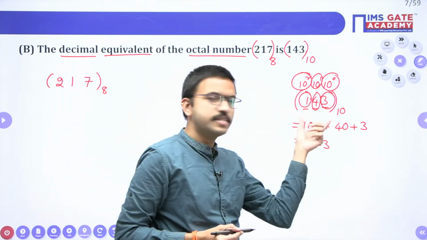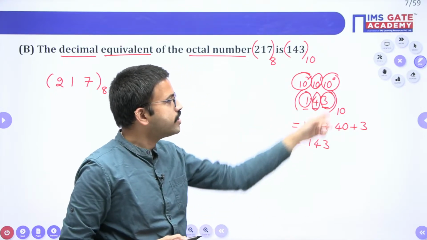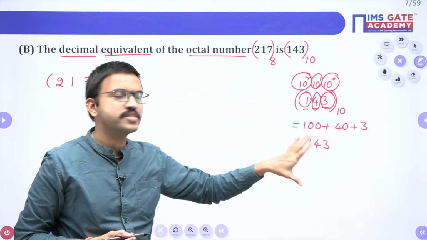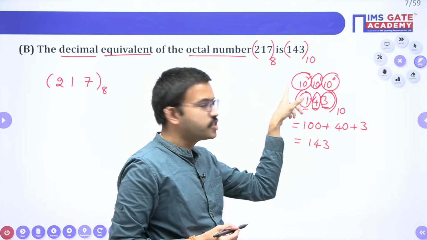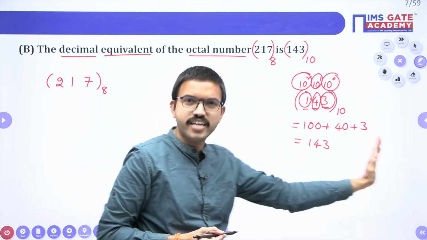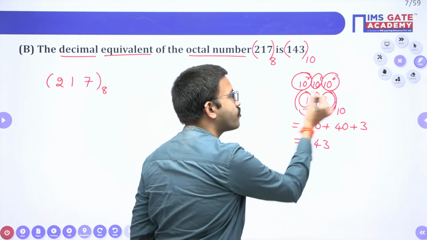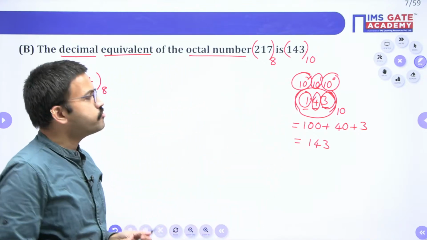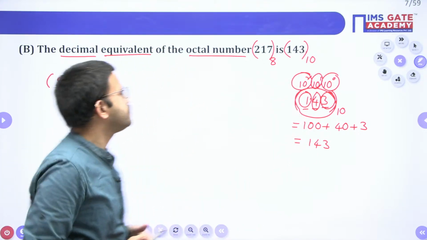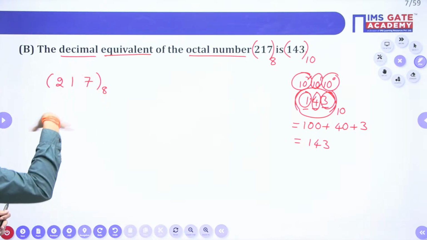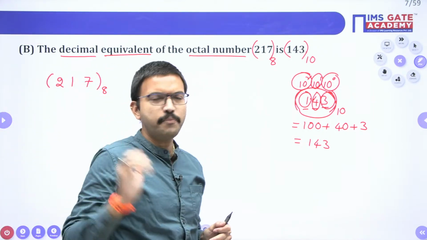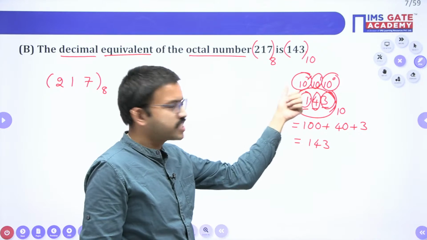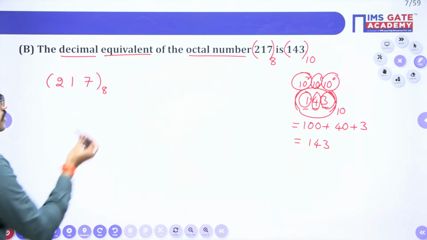In the decimal number system only, whenever you have digits like this, you can call the number together as 143. This happens only in the decimal number system, because after placing the positional weights, multiplying with the respective digits and adding, you get the same digits you considered earlier. But you can follow the same approach to find the equivalent value, whatever number system the number belongs to. Here the base is 8.